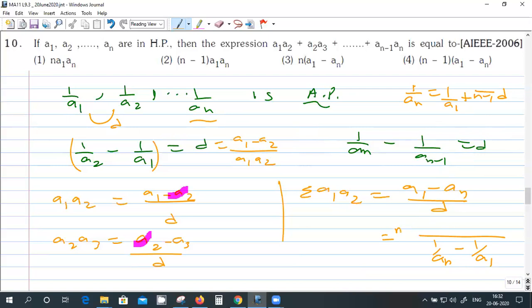So it will come in the numerator as n minus 1, and this will become n minus 1 divided by A1 into AN.